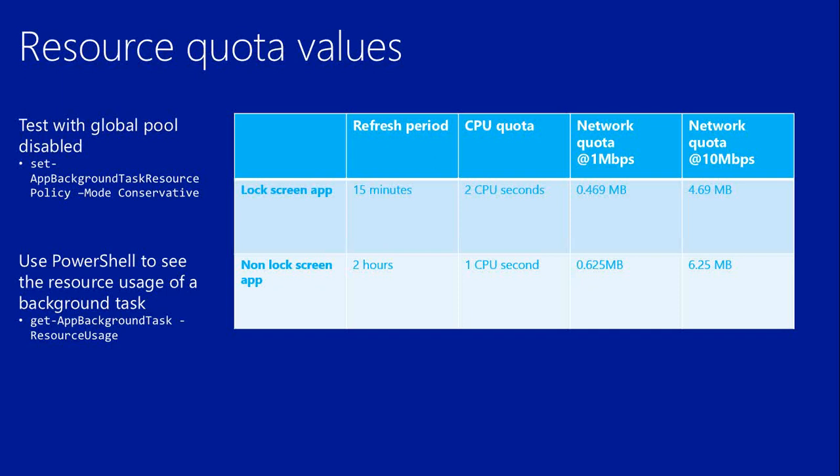And always test with the global pool disabled. Let's say your application runs out of its quota and you're counting on the global pool resource, but at that time the global pool is giving its resources to some other application. So you won't be able to receive the resource, will you? So test your application with the global pool disabled, and check with PowerShell how much resource your background task uses.